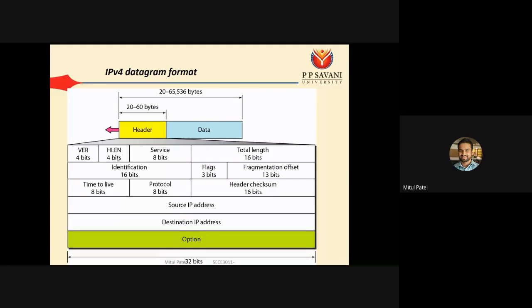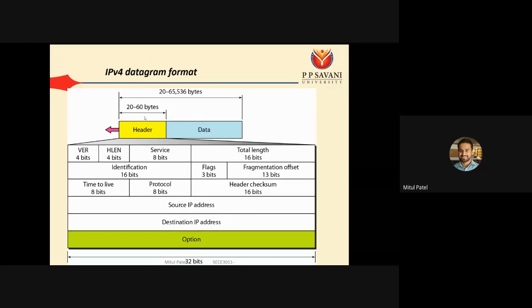Okay, the second 4 bits are for HLEN, or the header length, and it is given by 4 bits. We know that the header can be 20 to 60 bytes, and 1 byte is equal to 8 bits, so that is 160 bits to 480 bits.